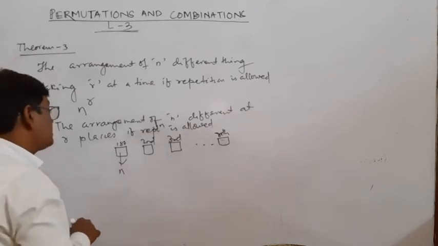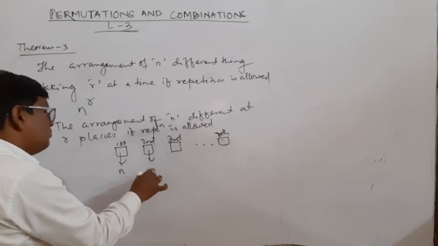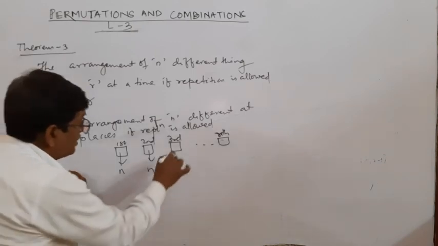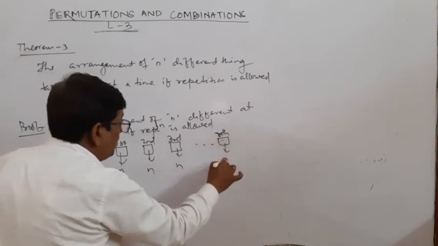Since repetition is allowed, the second place can also be filled in n different ways, and the third can also be filled in n different ways.